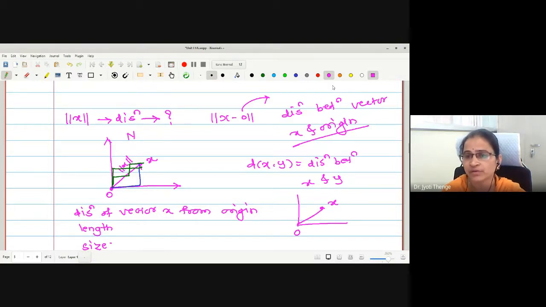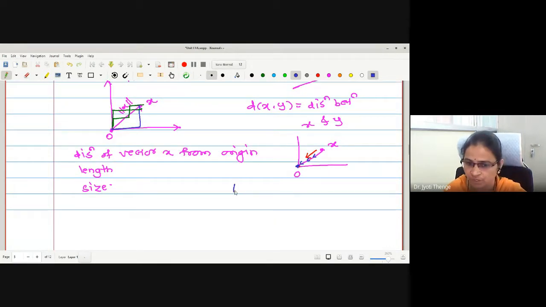We were shifting this vector x towards 0, so that the length goes on decreasing and finally the length becomes 0. When the length becomes 0, the vector x coincides with the origin, and then only the length between the two vectors becomes 0.